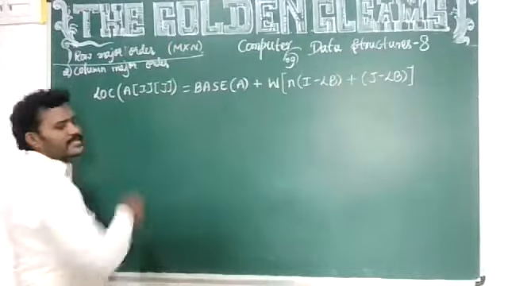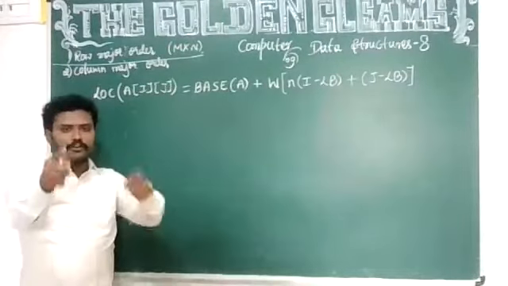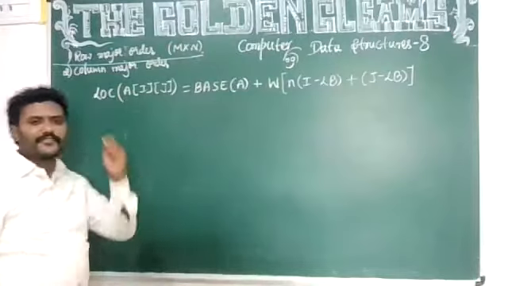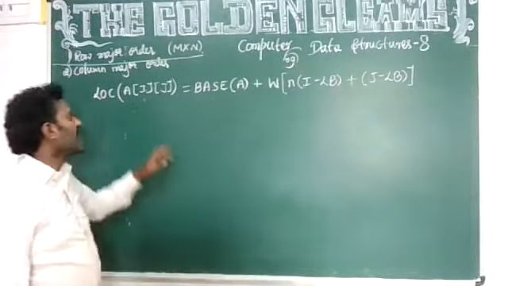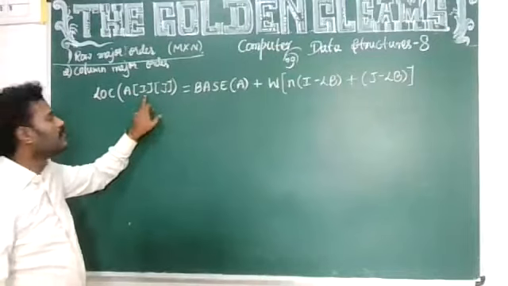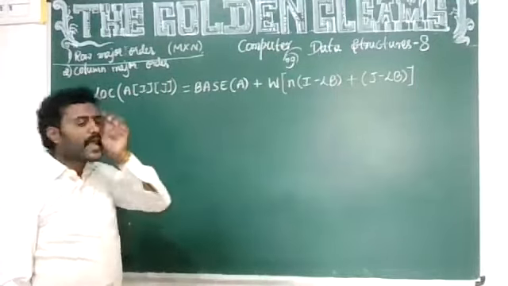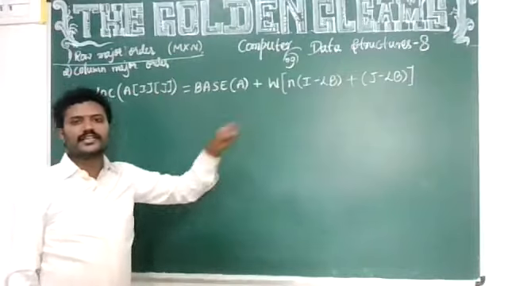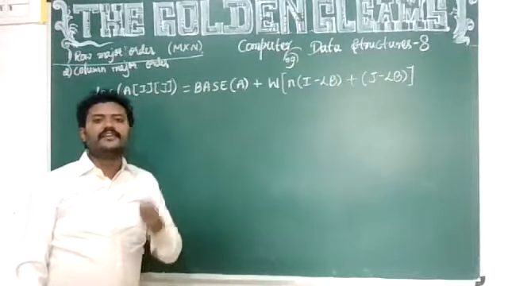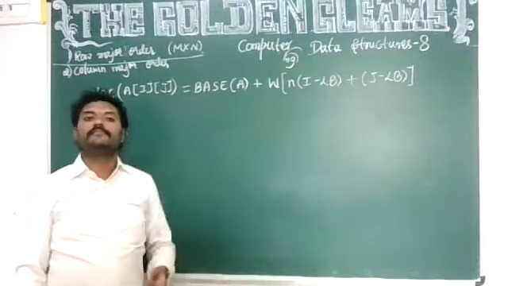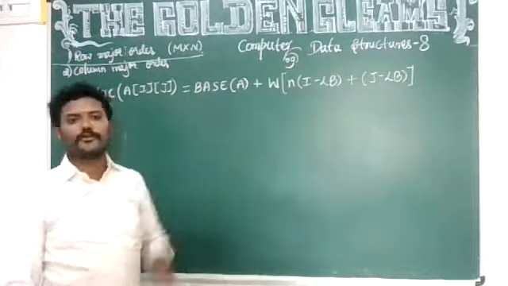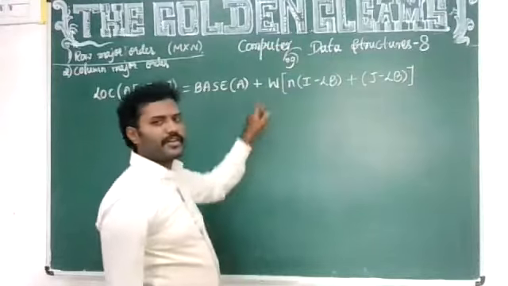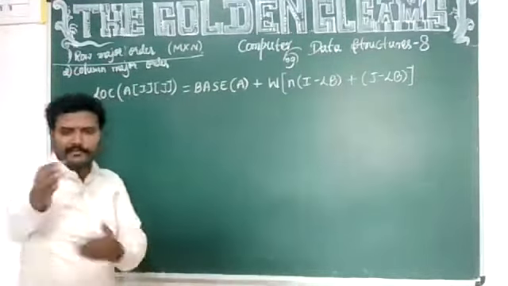LOC stands for location, A stands for array, and Ij are the variables, where I represents the row and J represents the column. Base of A represents the first element of the array, nothing but base of 0. W stands for words per memory cell.